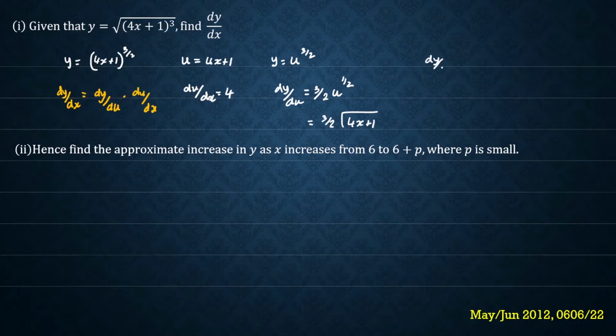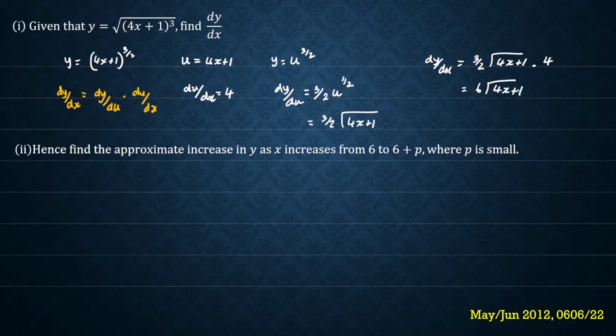So dy/dx is dy/du, which is 3 on 2 times the square root of 4x plus 1, times du/dx, which was 4. And that will give us 6 times the square root of 4x plus 1. And that's our gradient function.